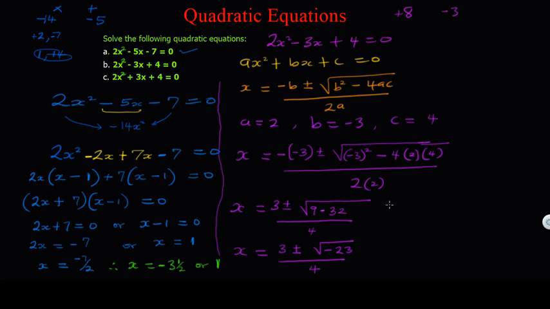So x can be equal to 3 plus the square root of minus 23 over 4, or x equals 3 minus the square root of minus 23, everything over 4. Remember this is plus or minus, so this is the positive part and this is the negative part.